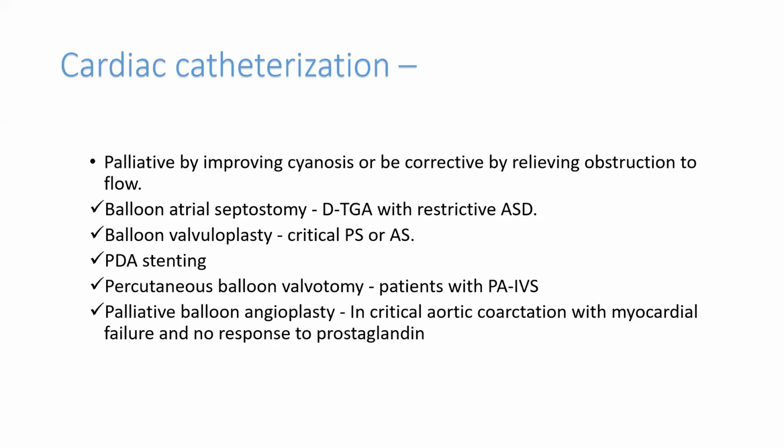So you create it, and their saturations are in the 40s or 50s, and they rise up to 80 once you do this procedure. Then, of course, you plan for a definitive surgery after that.